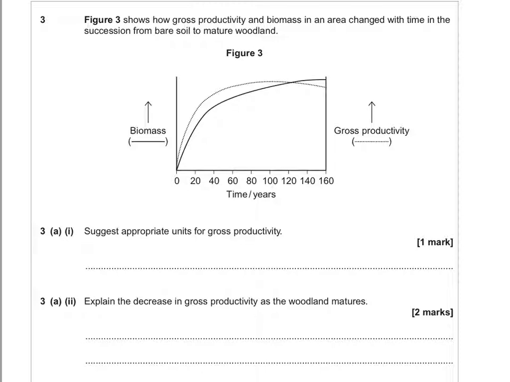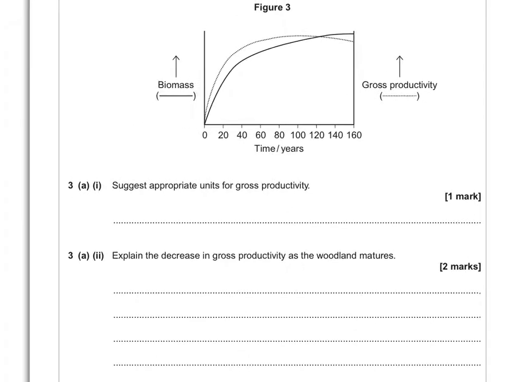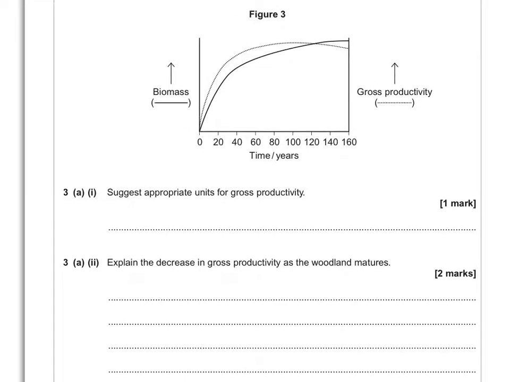You need to really revise this section. What you should have got was kilojoules per meter squared per year. So it's got to include energy, area and time.